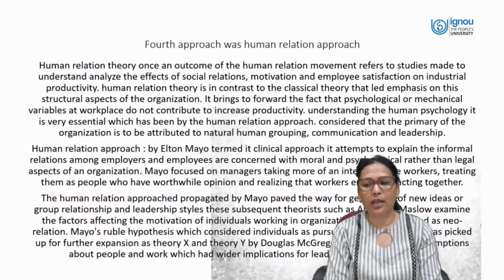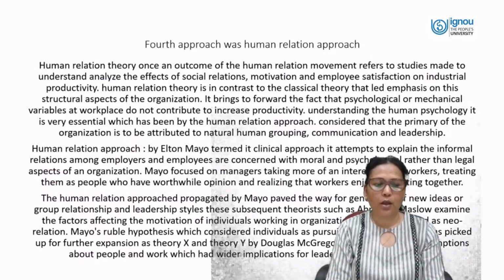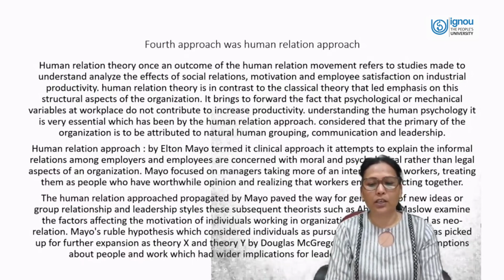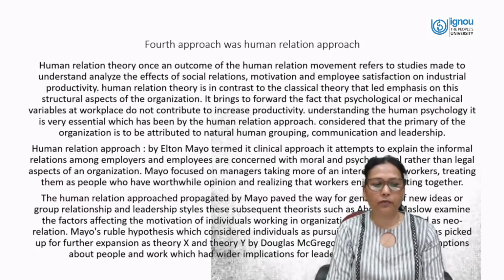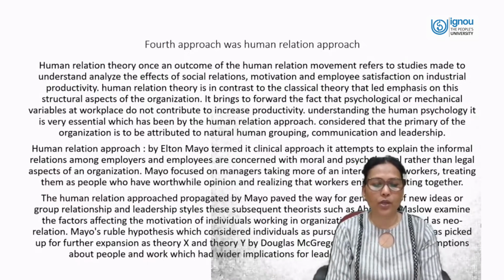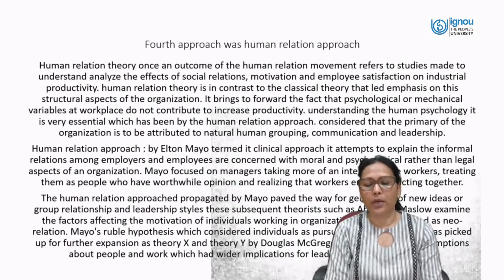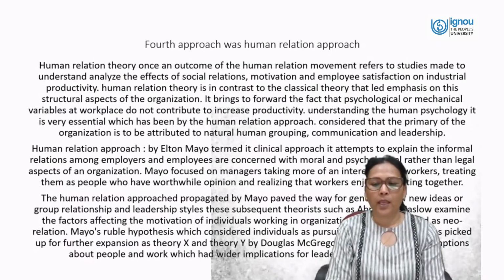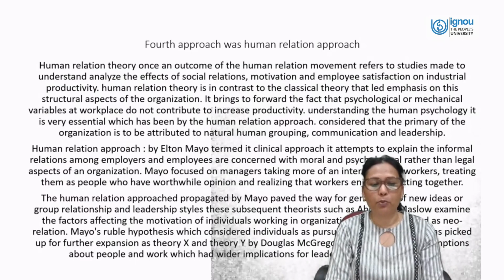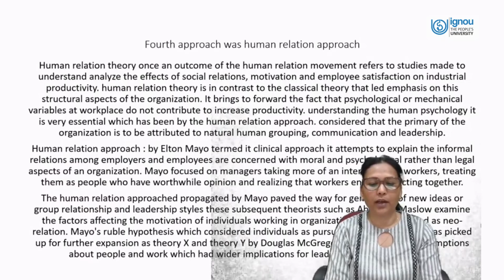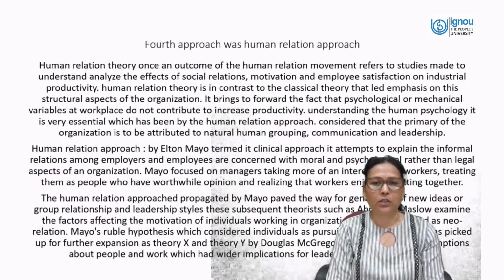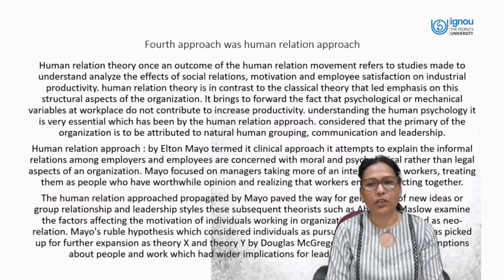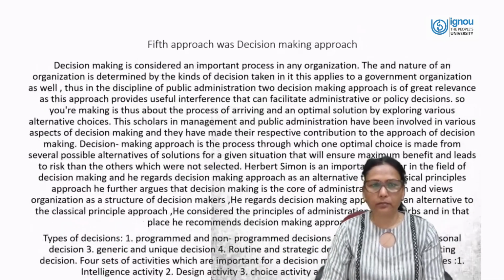This is considered as neo human relations. The hypothesis which considers an individual as pursuing only self-interest was picked up for further expansion as Theory X and Theory Y by Douglas McGregor. He made certain assumptions about people and work which had wider implications for leadership and management. That was there in the human relation approach.